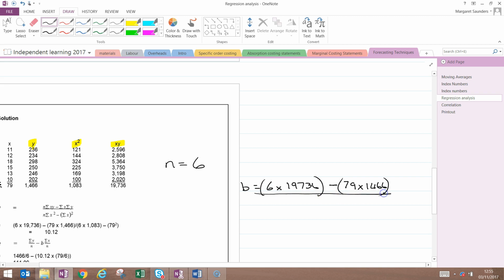That is all divided by N times sigma X squared, total of the X squared column, minus sigma X, so the total of the X column, which we then need to square.